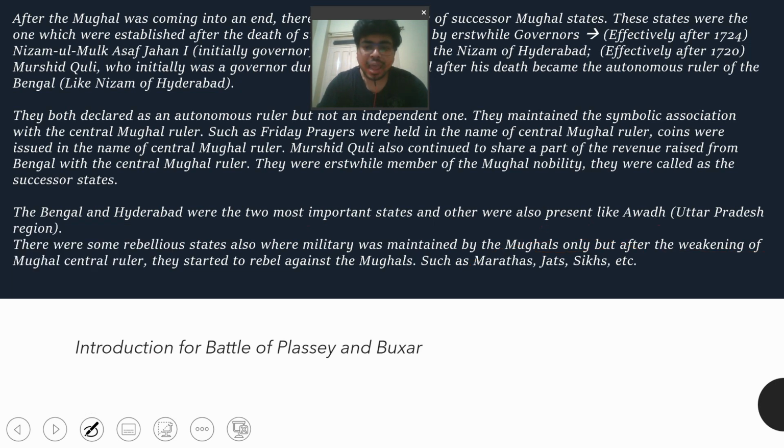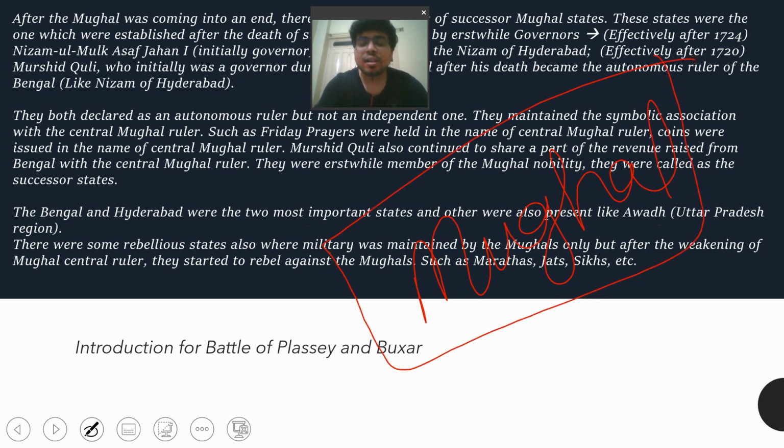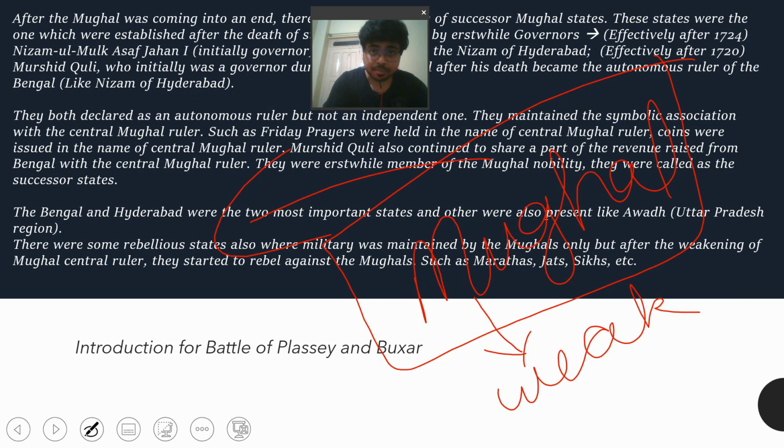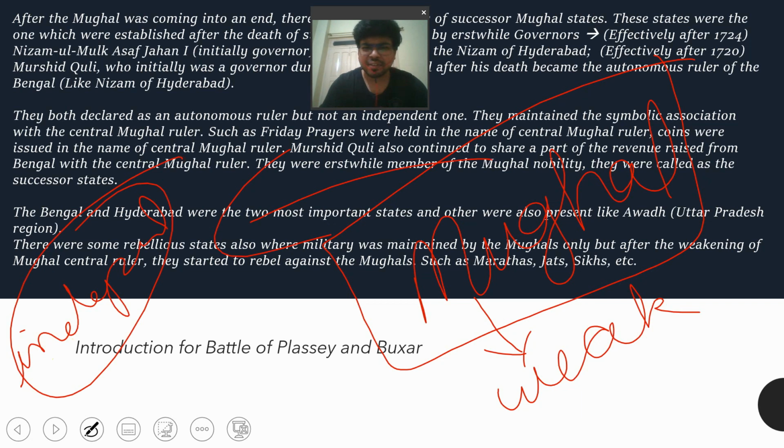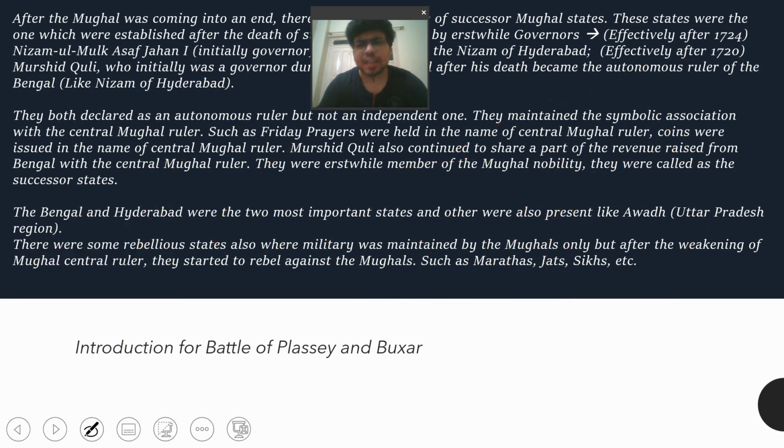As soon as these states observed that the central Mughal ruler was growing weaker, they made themselves independent rulers, by fighting if needed. That's why we call them rebellious, whereas successor states inherently accept the supremacy of the central Mughal authority and work under it.